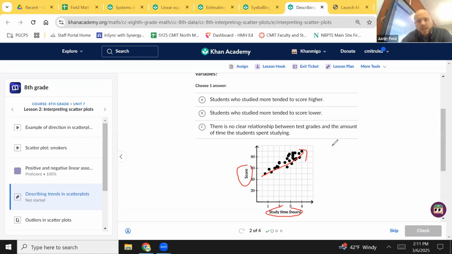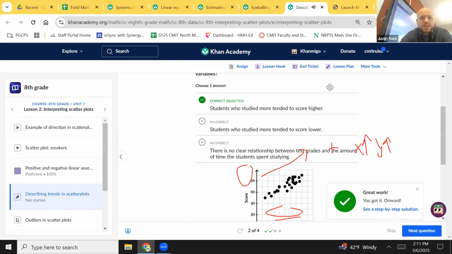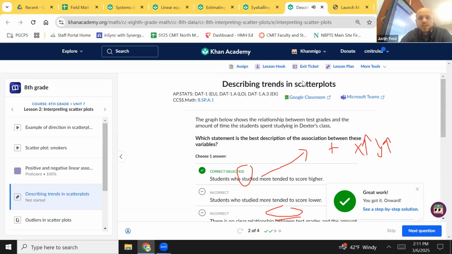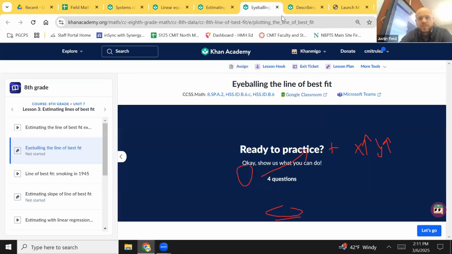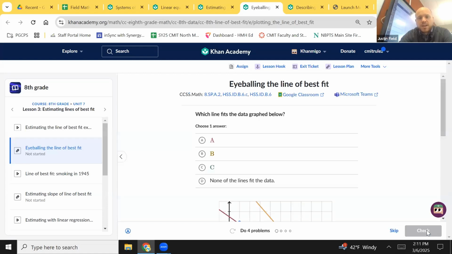So we do see a positive association, which means as x increases, y also increases. As study time increases, test scores increase. Students who studied more tend to score higher. Okay, so that is describing trends in scatter plots. Give that one a try, postal traffic light problem, and let's look at the next one.